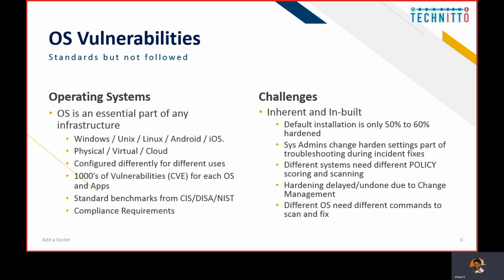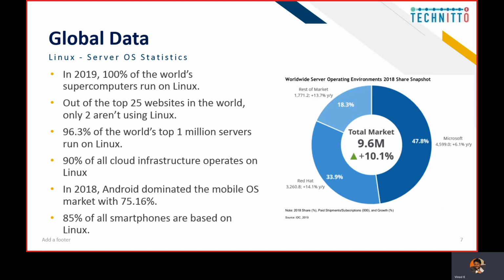We all know that different flavors of Linux and Windows have different commands to be executed, so you need not worry about what command to run. The system is intelligent enough to understand the OS and OS version and automatically execute the right command to fix the hardening script. So that's the high level about our product. But still, I would like to give you a lot of global data.